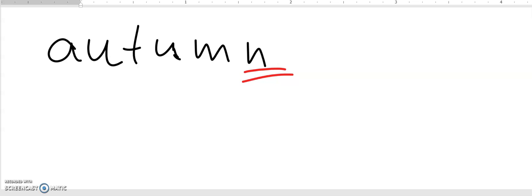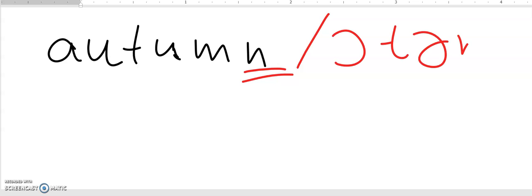Let's see how to make the phonetic transcription for it. So it is simply O-tum. We have no N. So we can say that we have two vowel sounds, this one and this one. What is the meaning of two vowel sounds? It means two syllables.